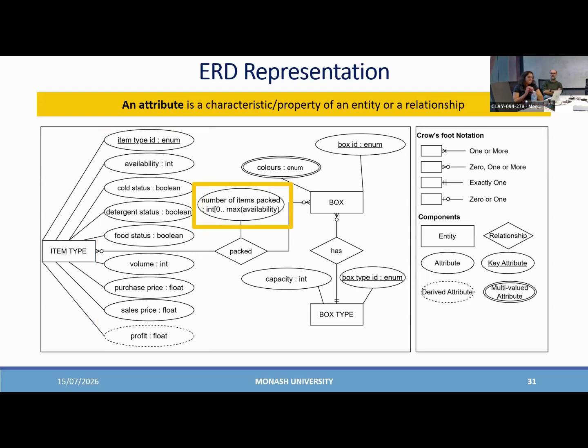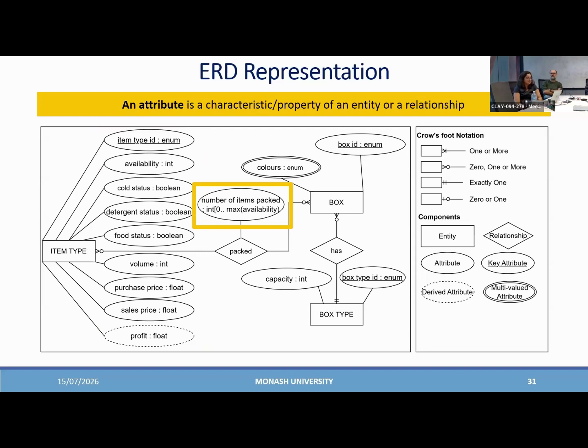And when it comes to the relationship between item type and boxes, how many items of each item type are packed into a box is actually an attribute of the packed relationship.